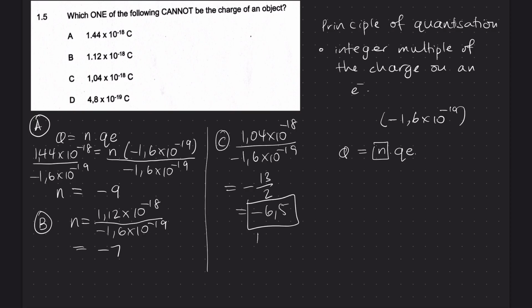Minus 6.5 is not an integer, because you can't gain or lose half an electron. You can't gain 6.5 electrons. You can't lose 6.5 electrons. So for that reason, the answer is C. It cannot be the charge on an object.